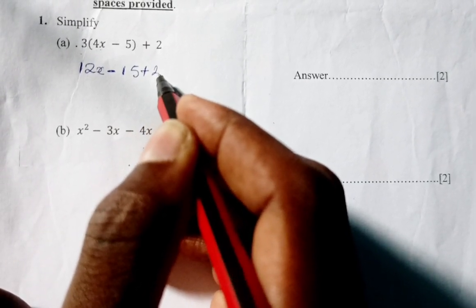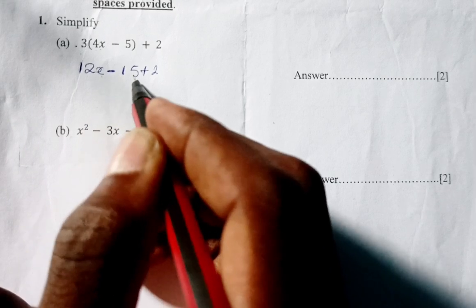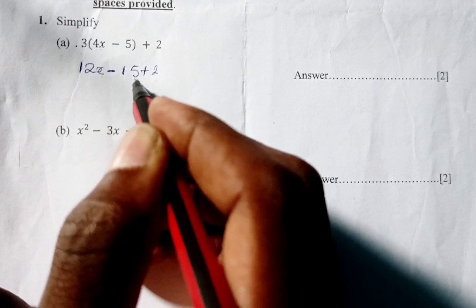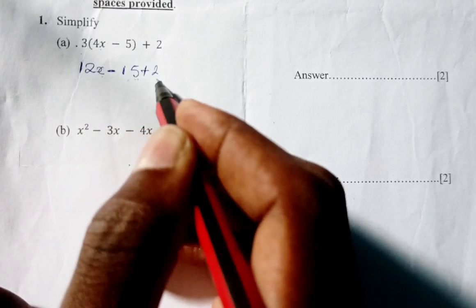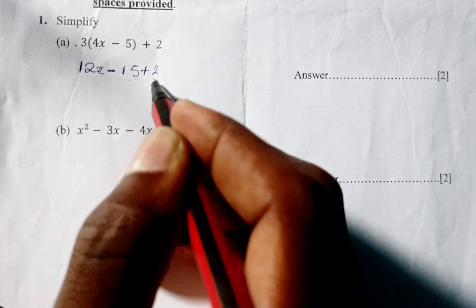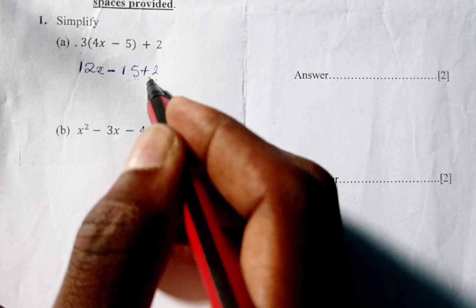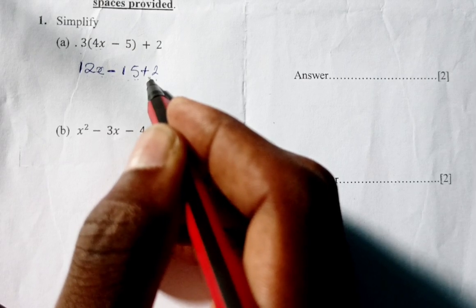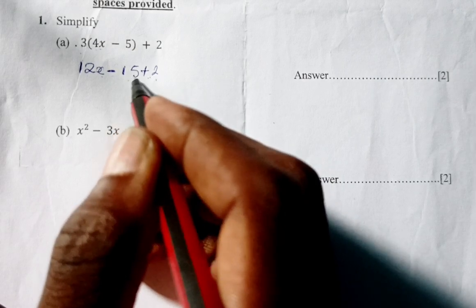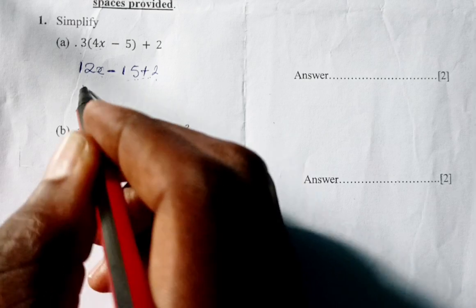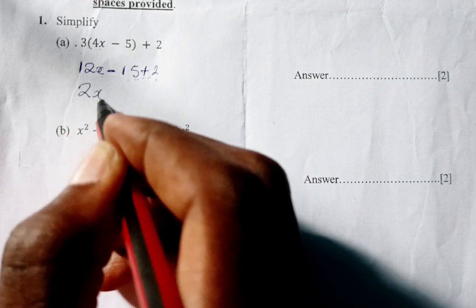Everything is still intact. Now remember that there is x, there is no x, there is no x. Because there's no x in these two, we call them like terms. Anytime we are adding different signs, you always subtract. Then your answer will get the sign from the bigger number between the two that we are adding. So here we maintain our 12x.